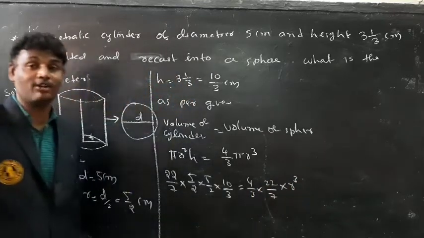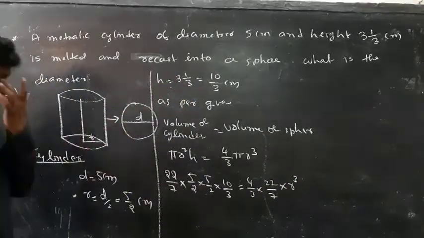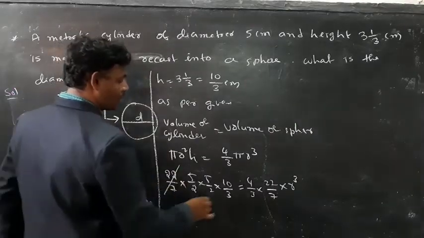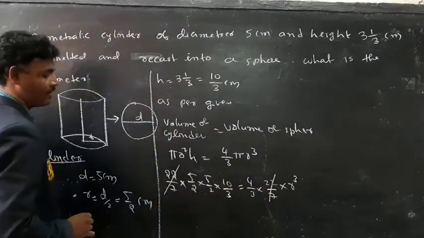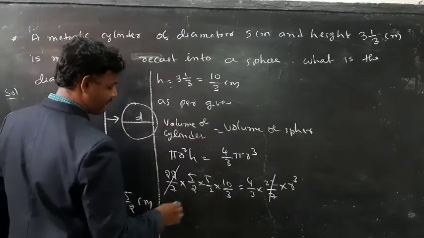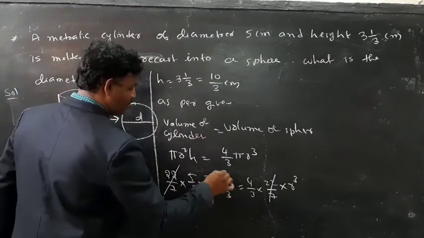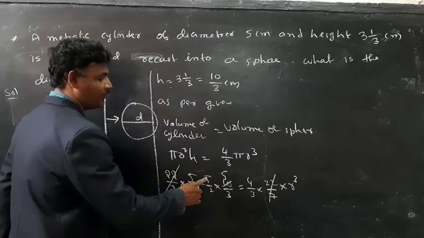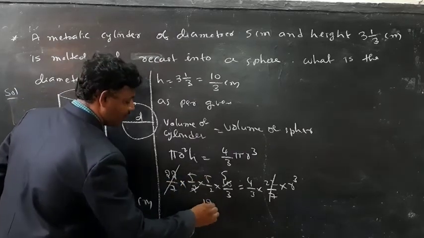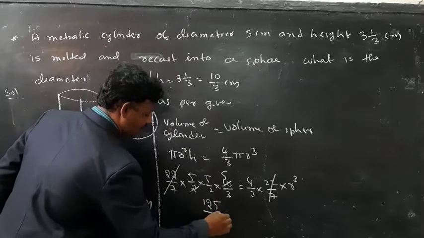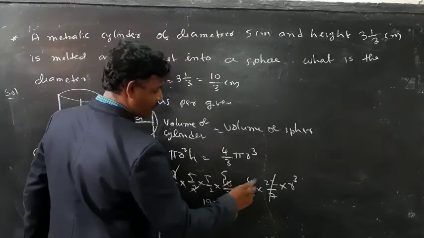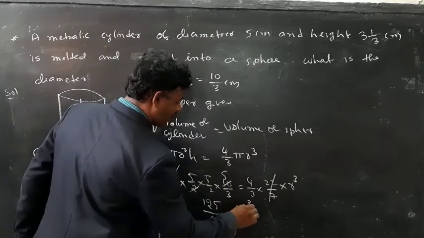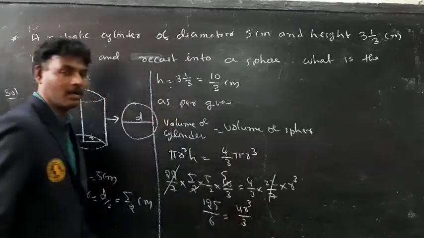Why? Because I don't know the radius of this sphere. See here, 22 by 7 cancels. Then 2 ones are 2, 5 twos are 10... 5 fives are 25, 25 fives are 125, so 125 by 6 is equal to 4r cube by 3.